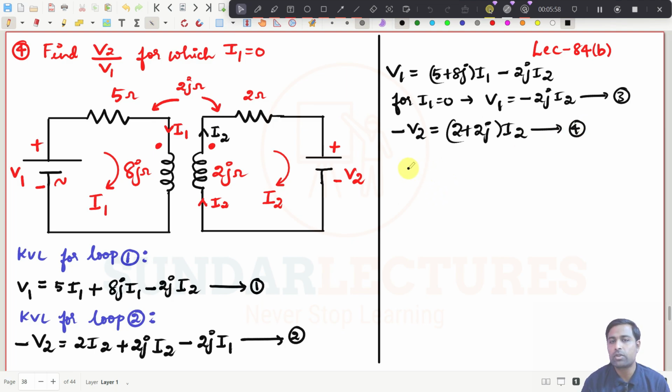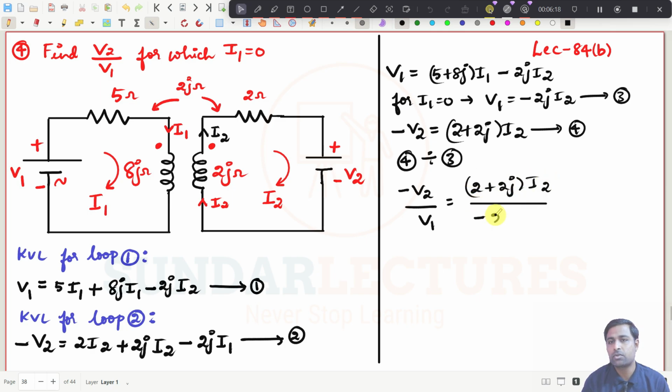So what you do now, you just divide 4 by 3. What will you get? Minus V2 by V1 will be equal to minus V2, it is (2 plus 2j) into I2 divided by minus 2j into I2.